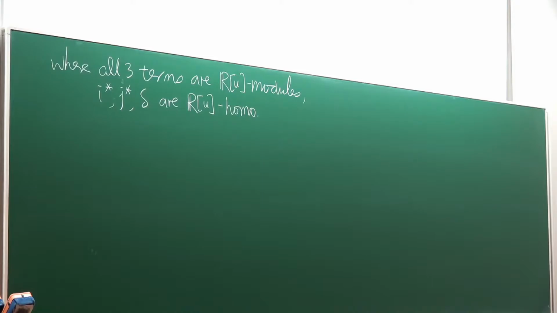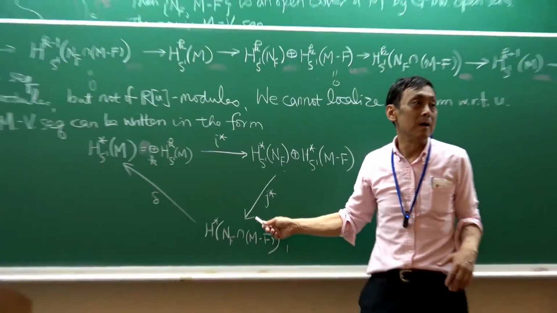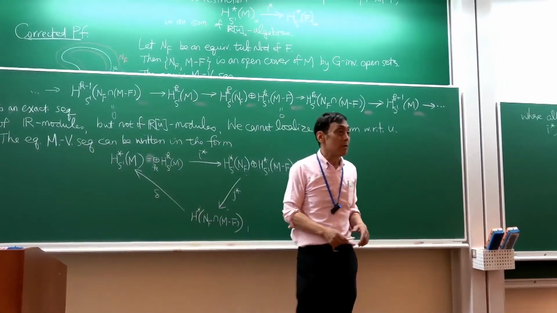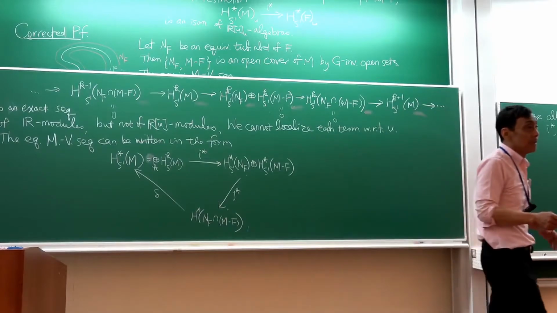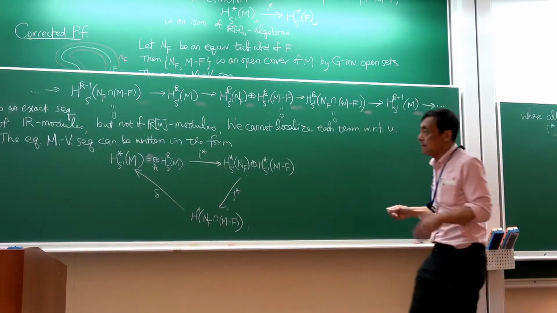The restrictions obviously are R(U) homomorphisms. But this delta, it's also an R(U) homomorphism. If you look at the definition of delta, you'll see that it is an R(U) homomorphism.